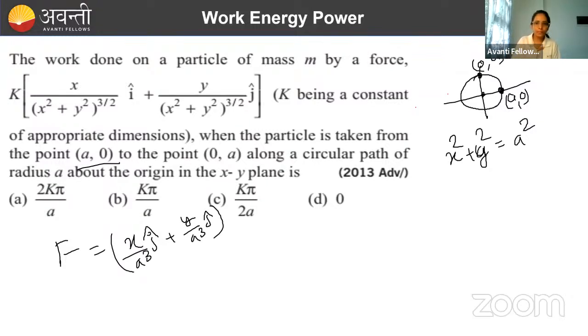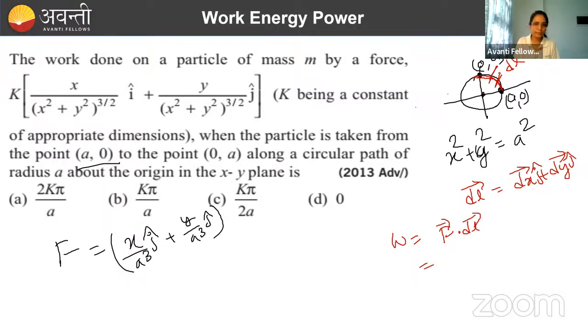Now my body is moving from here to here along this trajectory. So for any small displacement dl, this displacement will be the sum of something in the x direction and something in the y direction, dx i cap plus dy j cap. And what will be the work done? Work done will be F dot dl. So just simply do that.